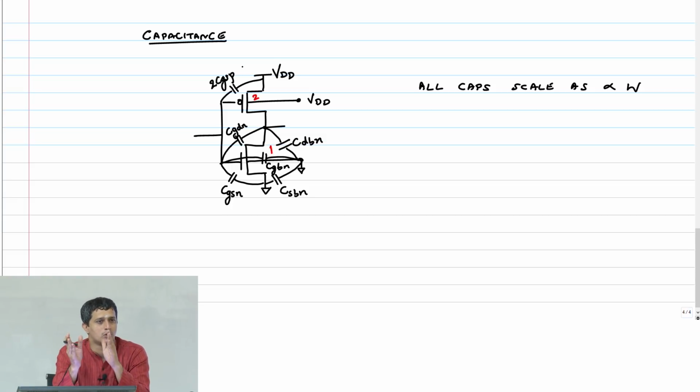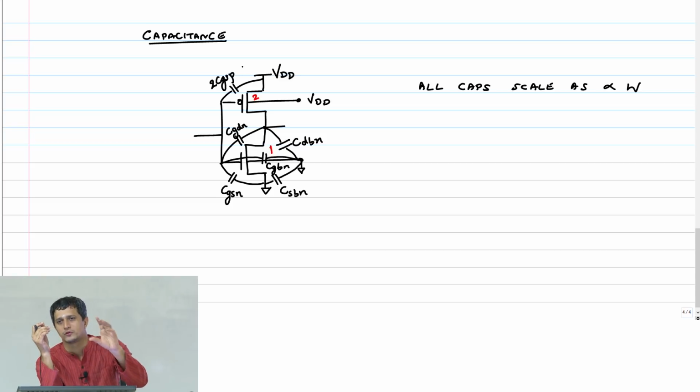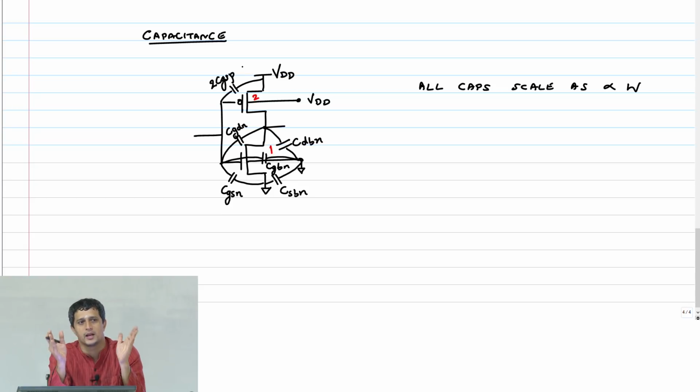And actually there is nothing to choose between the NMOS and PMOS. If the CGS is CGS for the NMOS, then if the same width I use for the PMOS, that is also CGS. There's no big difference there, if you remember. Just because there are holes there, the capacitances don't change. So let me just write that down.